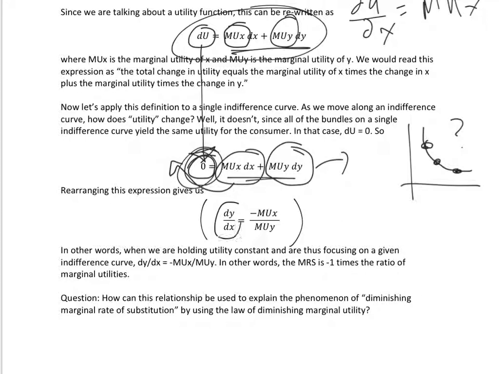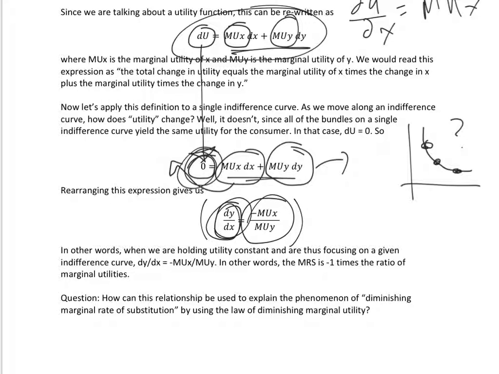Well, dy/dx, if we're holding utility constant, is just the slope of the indifference curve. It's just the marginal rate of substitution. And we have now shown that that marginal rate of substitution must be equal to MUx over MUy. Okay? So this particular way of thinking about marginal rate of substitution relates it to the ratio of marginal utilities.